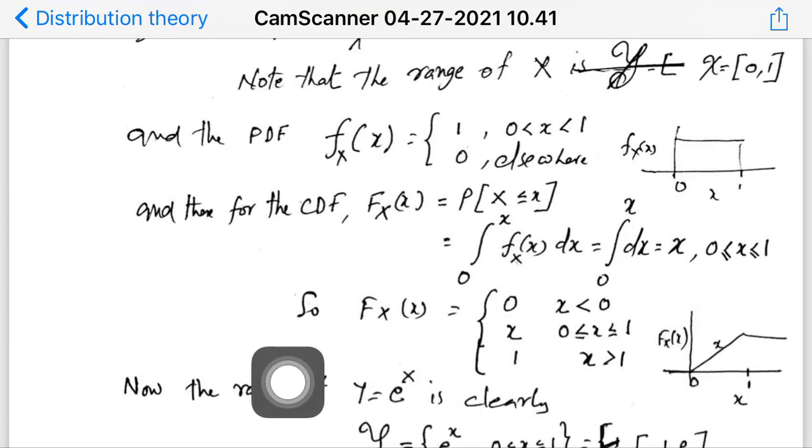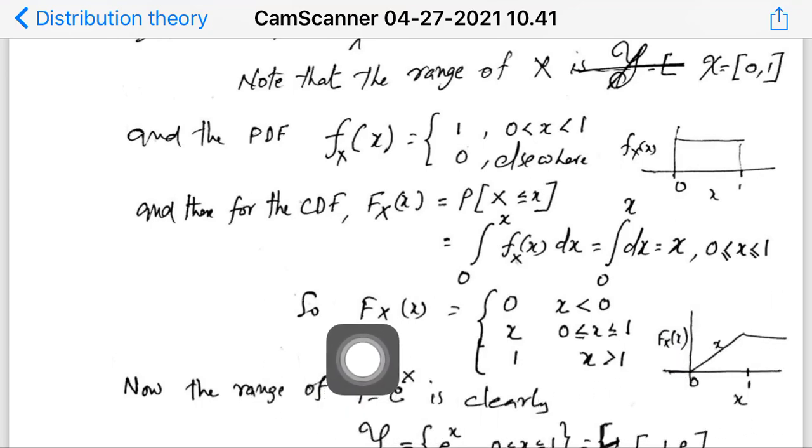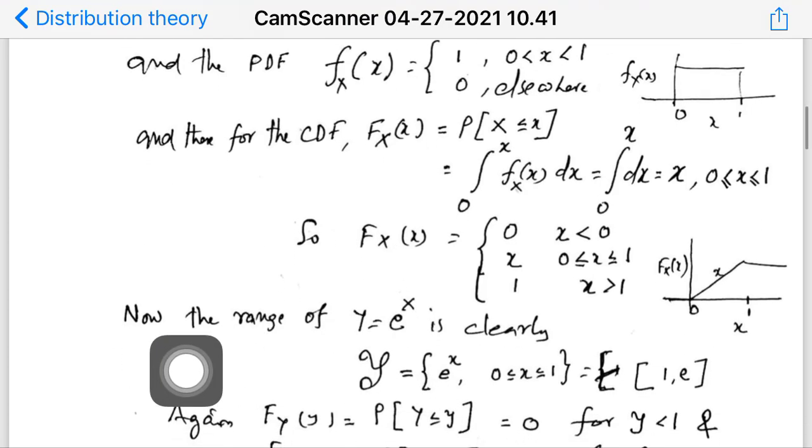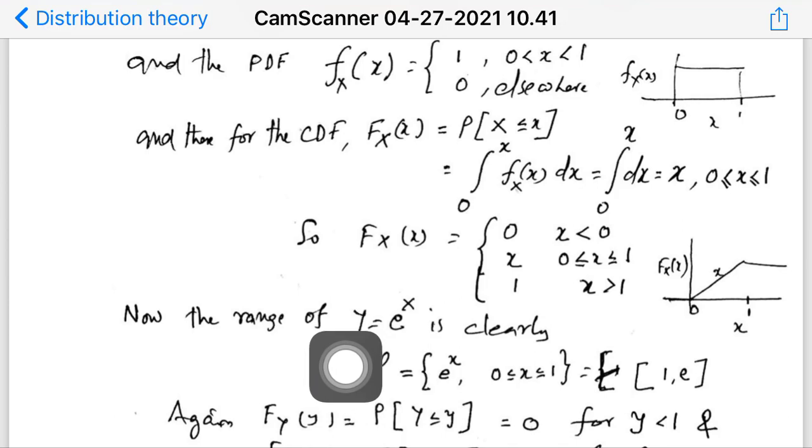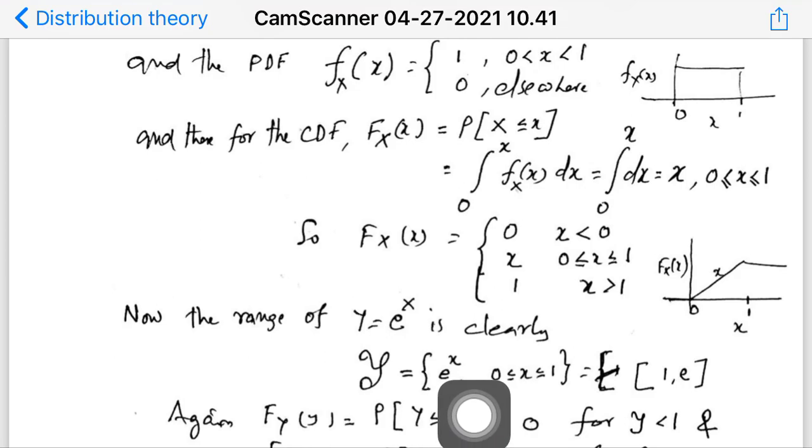Okay, and what you have is the distribution function of x. And now we come to the range of the new variable y. What is the range of the new variable? It is nothing but the set of all e to the power of x for x lying between 0 and 1.